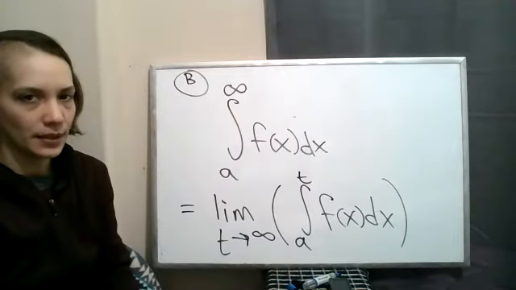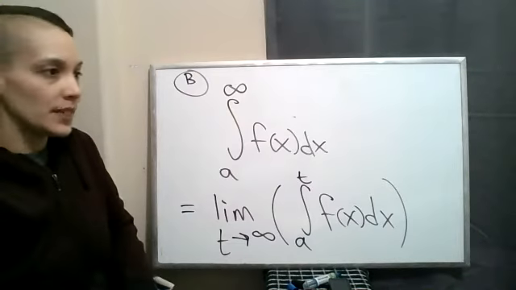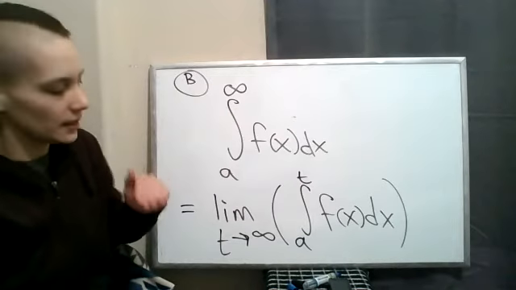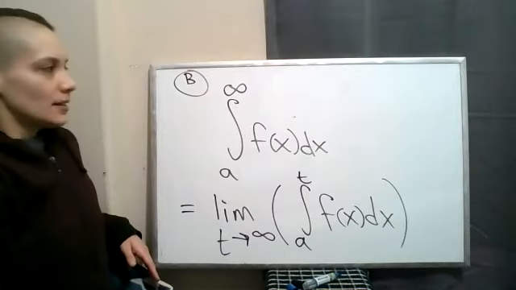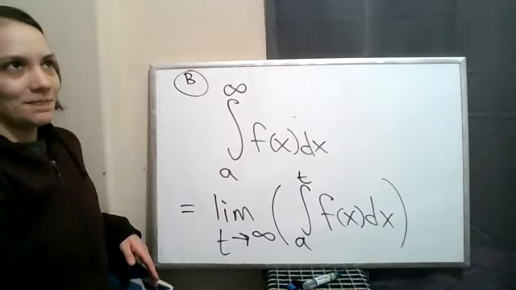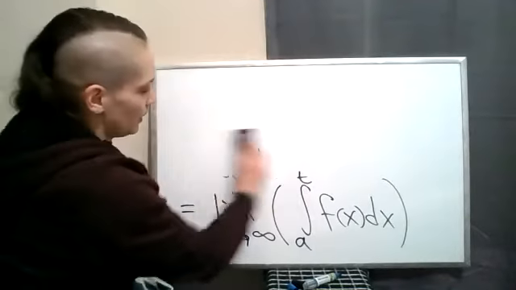The last type for the first part is to go from negative infinity to positive infinity. Just one more.